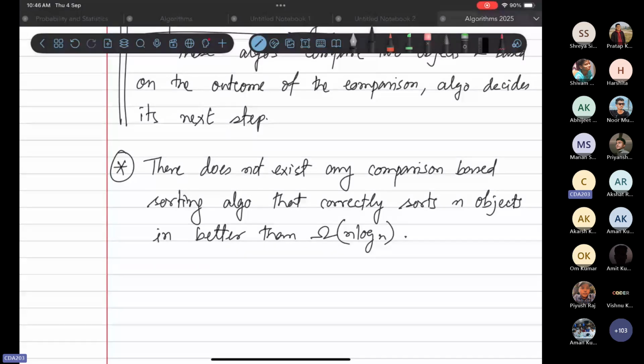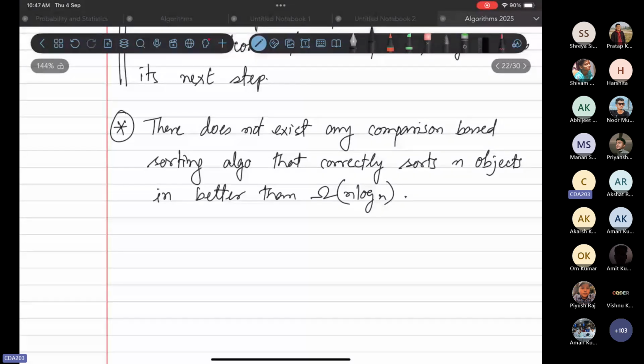Now, let me ask you, what could be a possible way to show such a strong result? If you pause a little bit and just appreciate this result, we are not trying to figure out an algorithm that runs better than n log n time. We are saying that suppose we tried to sort n objects in better than n log n time, and we failed.